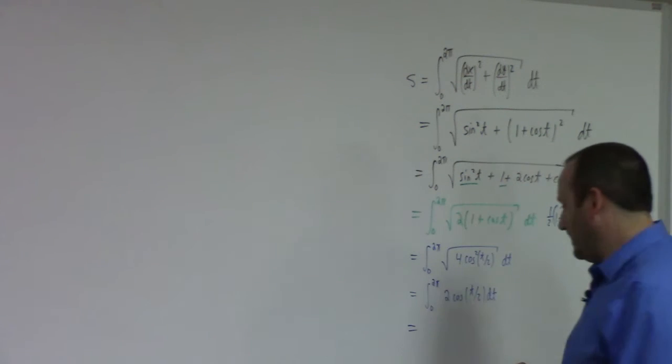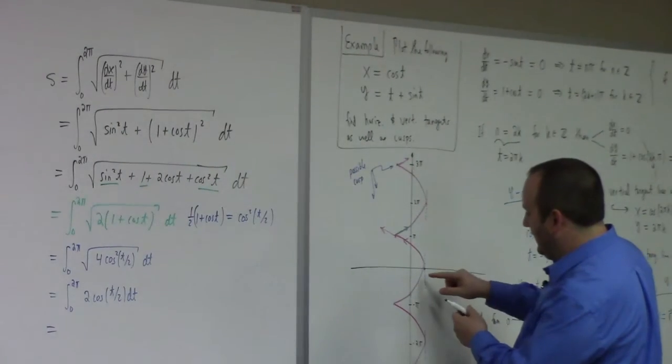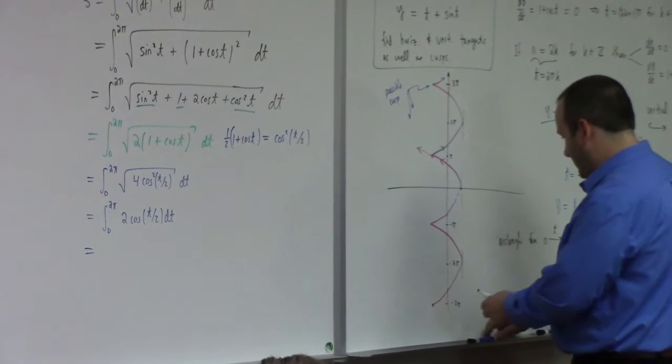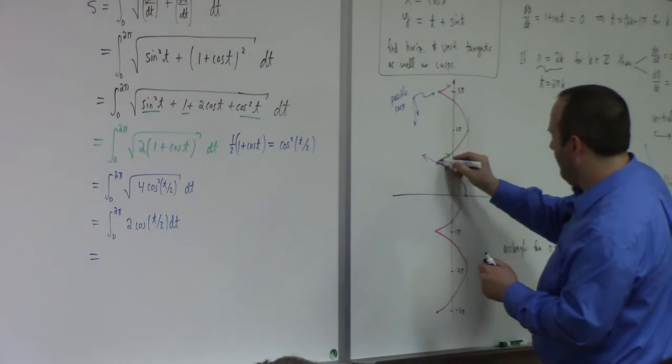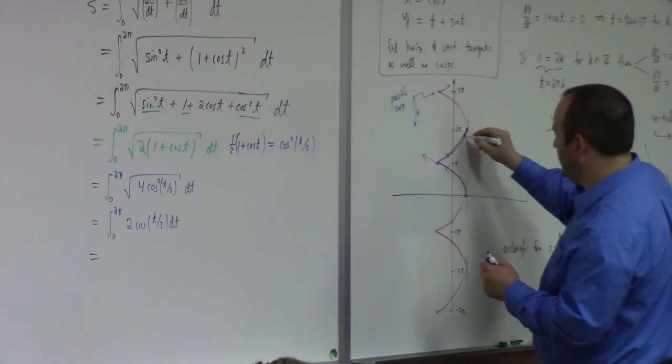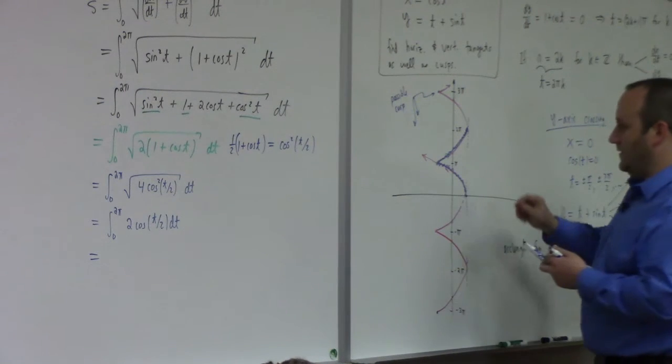And let's see here. Now, intuition, what should you have as the answer? Let's just think about this for a second. I told you guys last time, so we're really just looking at this part of it, right? This is the part we're calculating the arc length of, okay? And remember what I said?